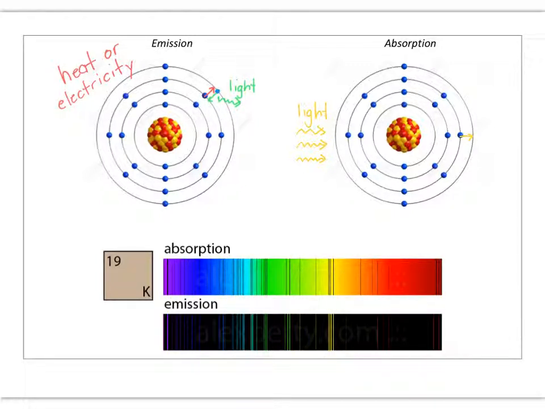So basically we say that puts the electron into an excited state. And when it does that, basically light is lost.